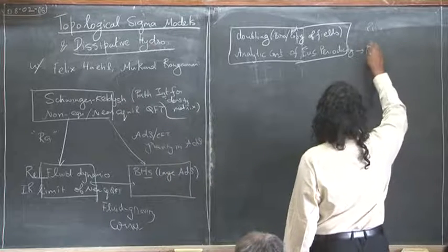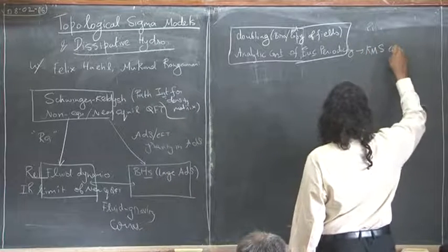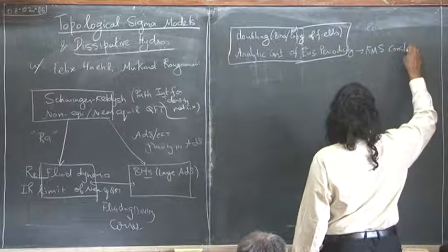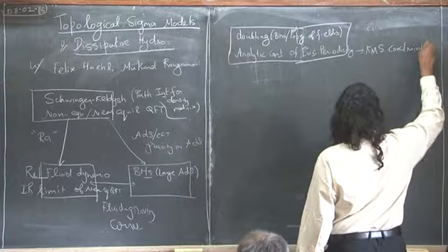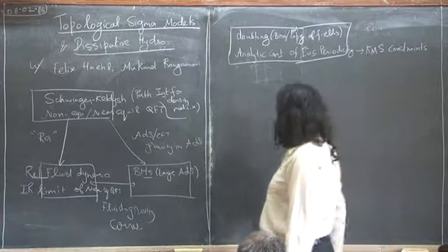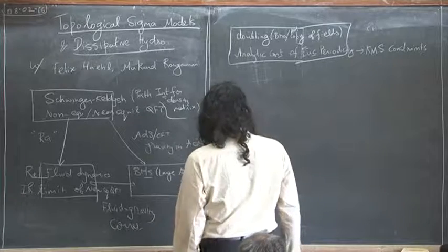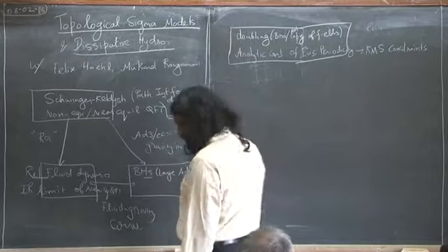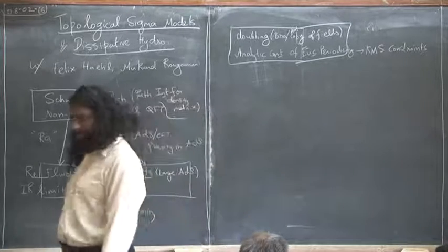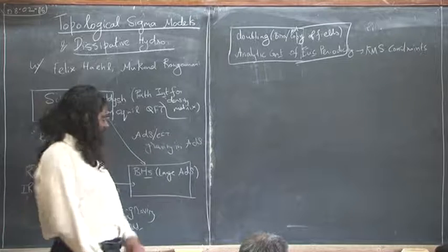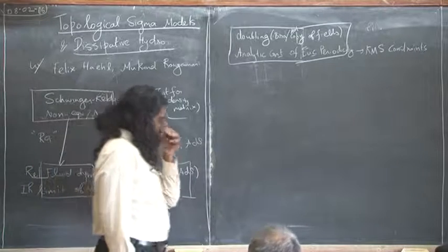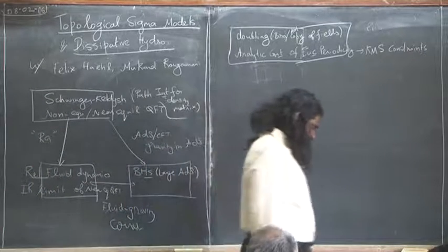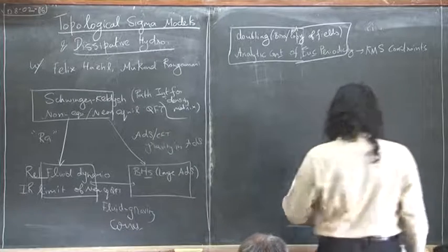These constraints are sometimes called the KMS constraints, after Kubo, Martin, and Schwinger, who first wrote them down. Those are another set of constraints satisfied by Schwinger-Keldysh correlators, especially if they are evaluated over an equilibrium state. And that is also a very peculiar feature of Schwinger-Keldysh.